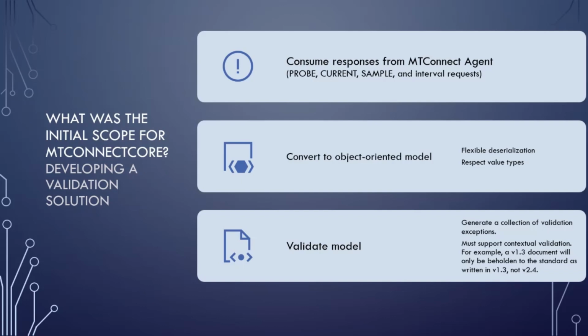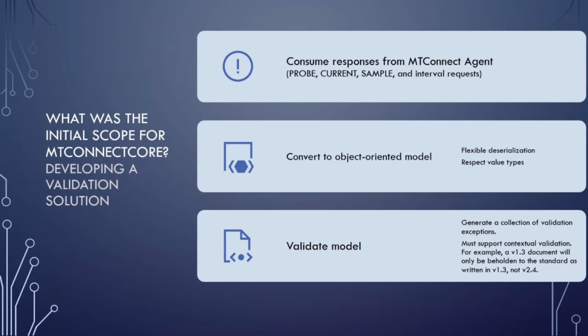So we wanted the SDK to facilitate and simplify simply reaching out to an MTConnect agent, getting the response, and then the second point here is being able to convert that response from XML into an object-oriented C# model. And we wanted this model to be flexible enough to accept the worst of implementations of MTConnect.